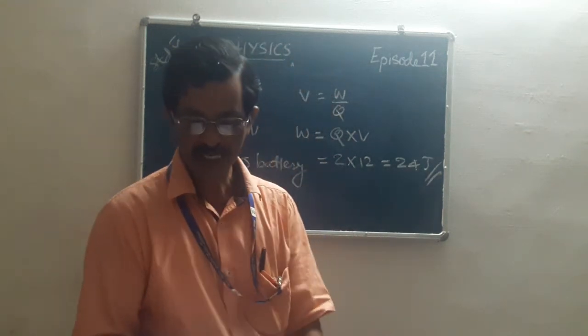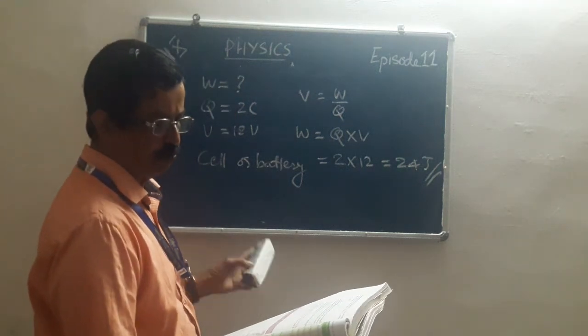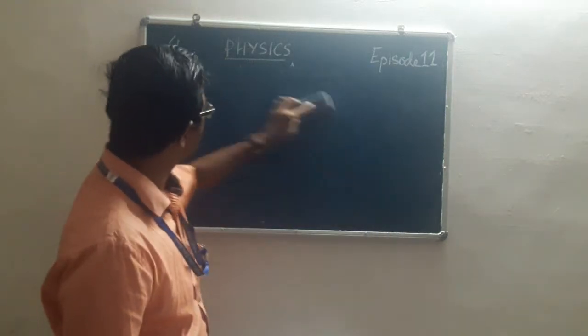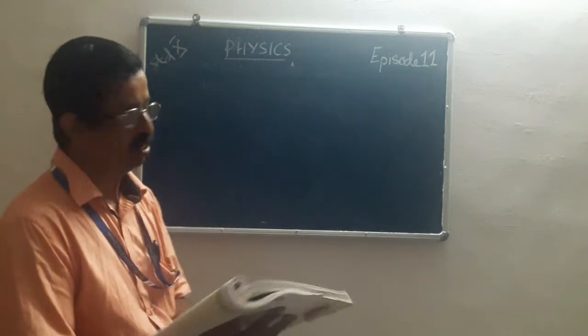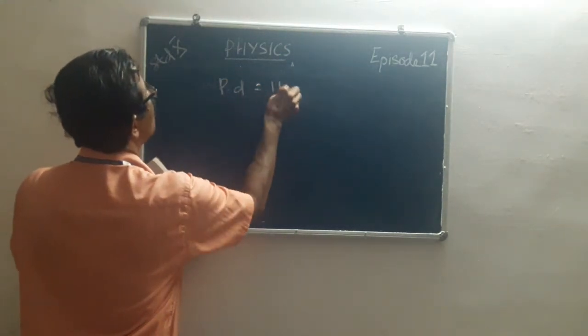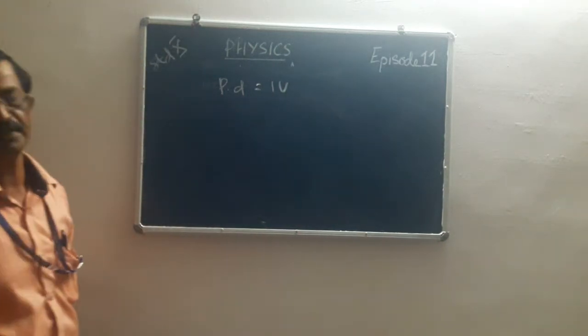Now another question: what is meant by saying that potential difference between 2 points is 1 volt? You want to explain what this means.